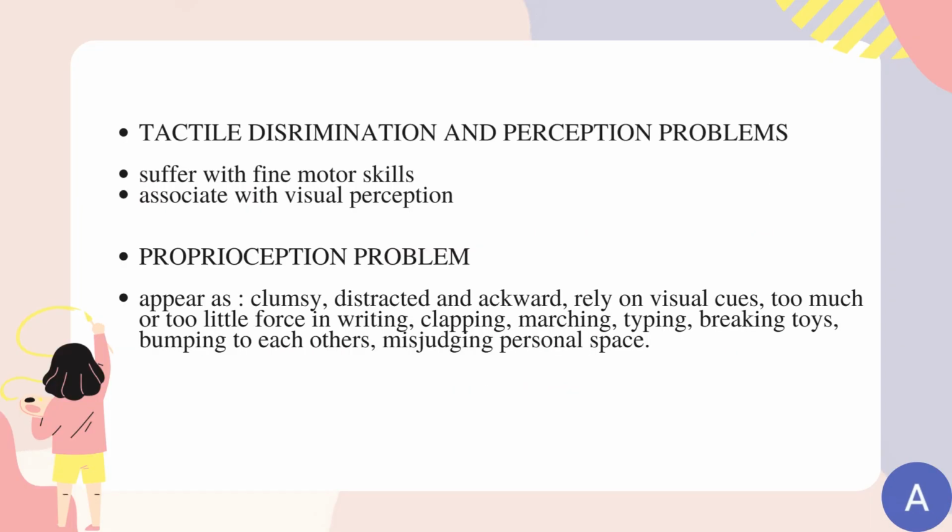For this slide, I will talk about tactile discrimination and perception problems, and also proprioception problems. A child who suffers from tactile discrimination disorder is not able to process things they touch unless they can see them. Common signs are being unaware of being touched, being unable to identify objects through touch, or being unable to describe a texture by touching.